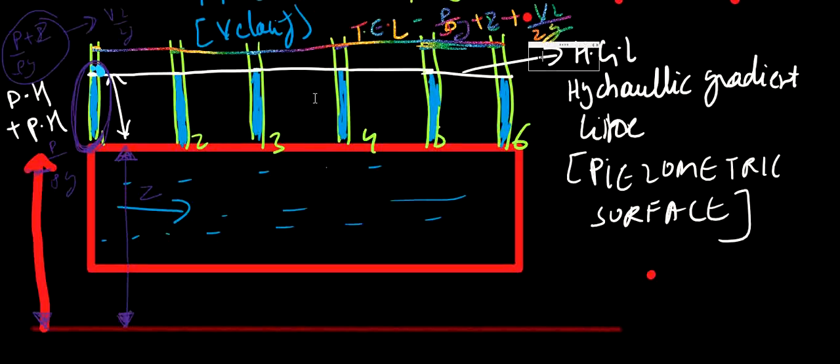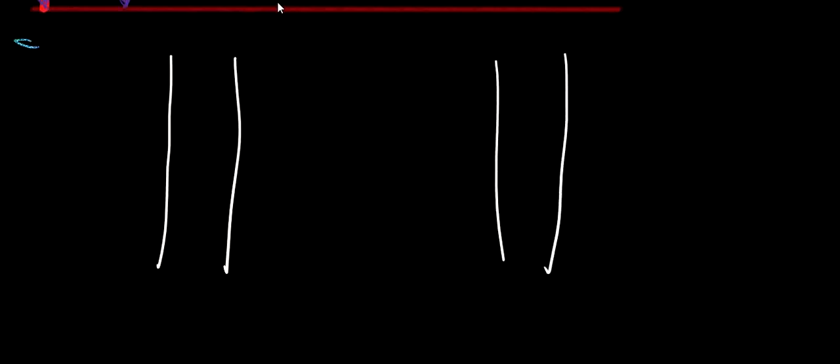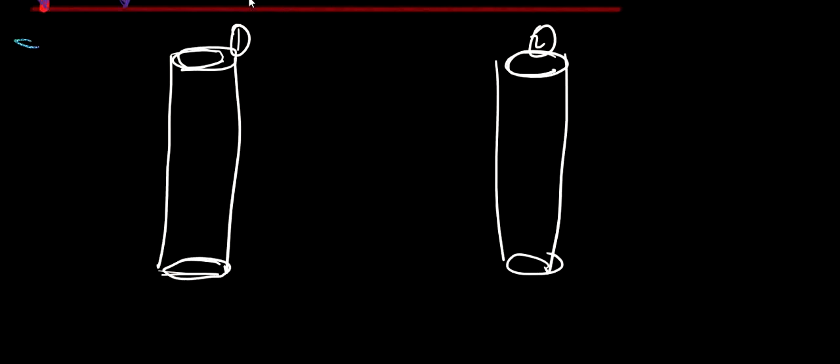Now let's proceed further. If I give you two cases, suppose these are vertical pipes. This is case number 1, this is case number 2. You are pouring water from the top.